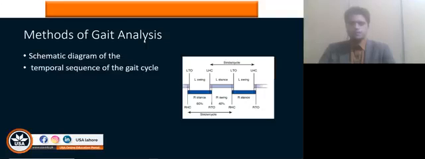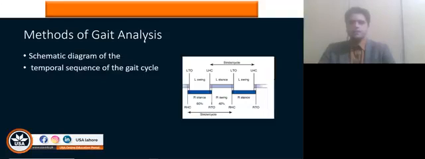For example, as I've said, in the stride analysis, the temporal sequence of the stance and swing phase are quantified using simple tools like a stopwatch and ink and paper, or some electromagnetic instrument such as pressure sensitive switches which are embedded in the shoe inserts or applied to the bottom of the foot.